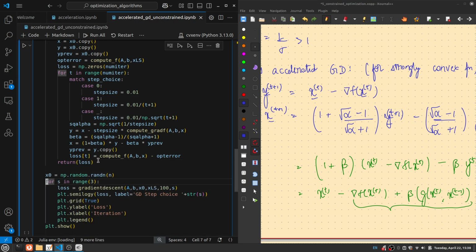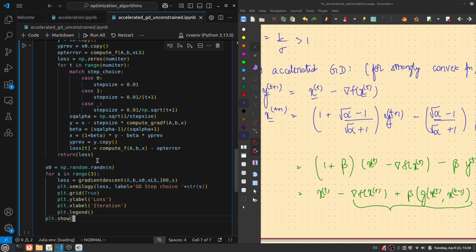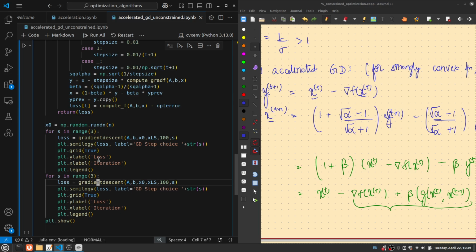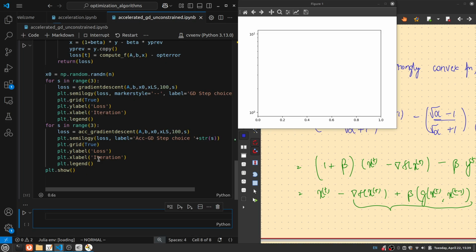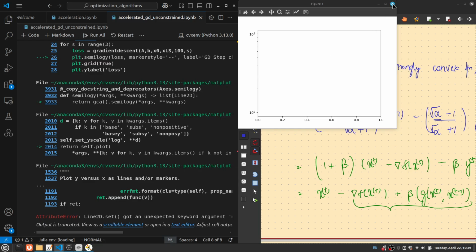So, this gradient descent. Accelerated gradient descent. Something went wrong.